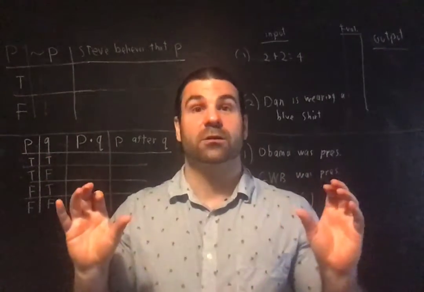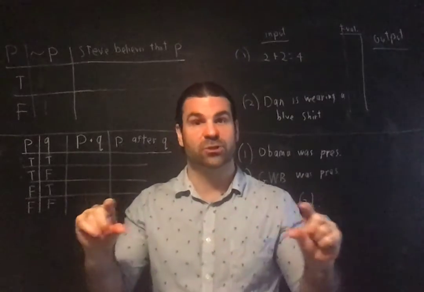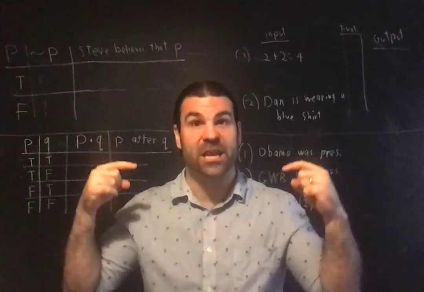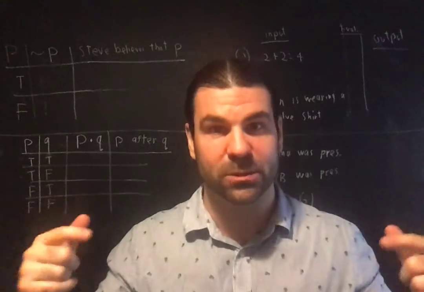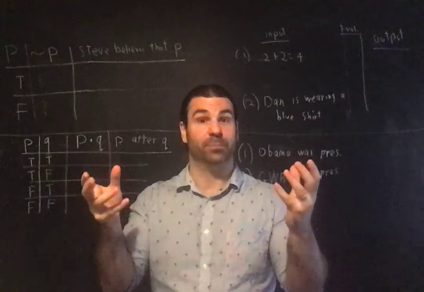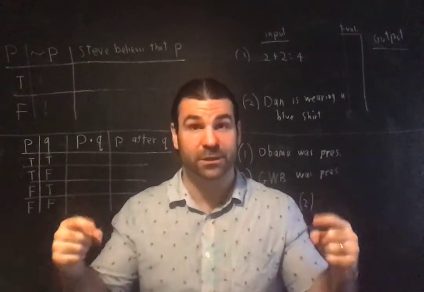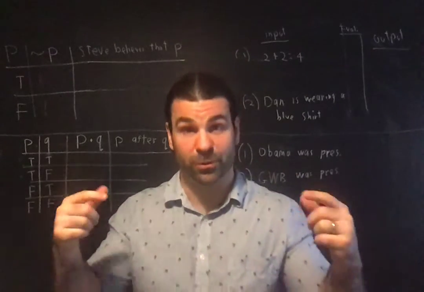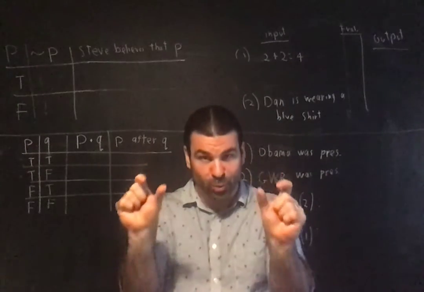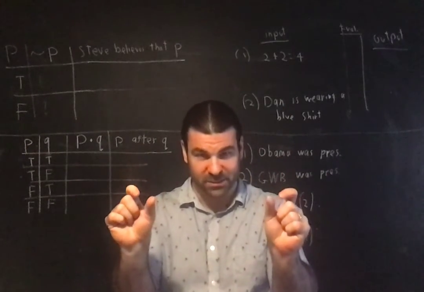Now, the sentential operator and is truth functional because the only thing that goes into determining the truth value of any blank and blank sentence, whether that sentence is true or false, is the truth value of the component sentences, right?